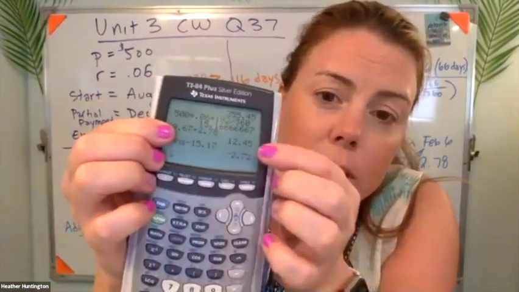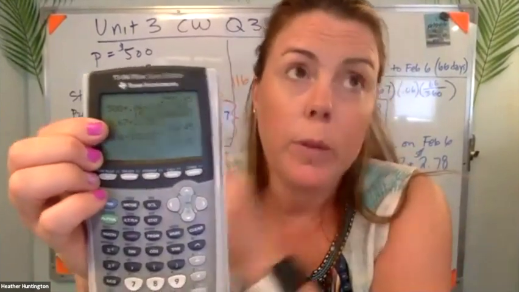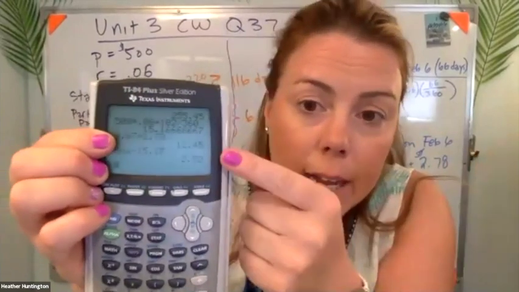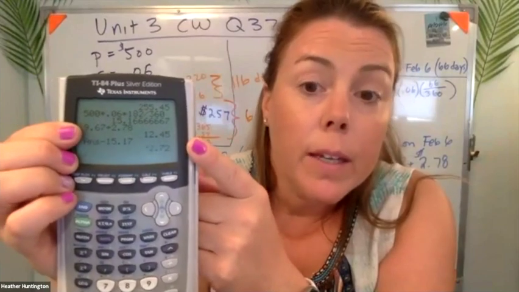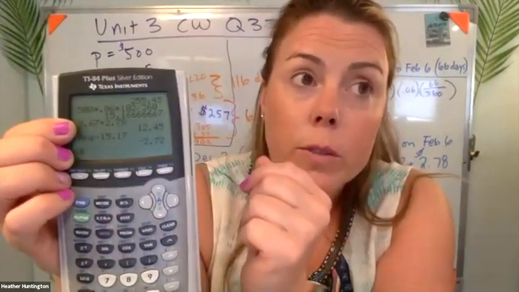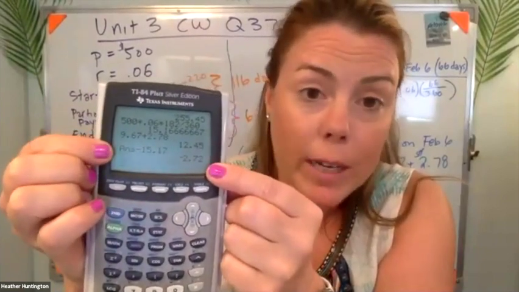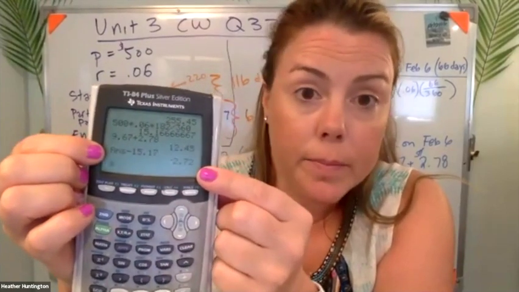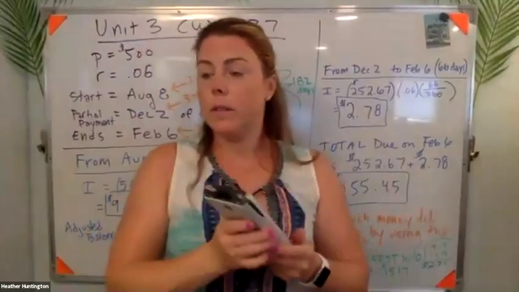So our total interest paid, now that we had a partial payment and were reducing the balance, which was being charged interest, is only $12.45. So I was asking, by how much money did we save by doing this partial payment? It would be the interest we would have paid without it minus the interest we did pay. And so that would be $2.72.